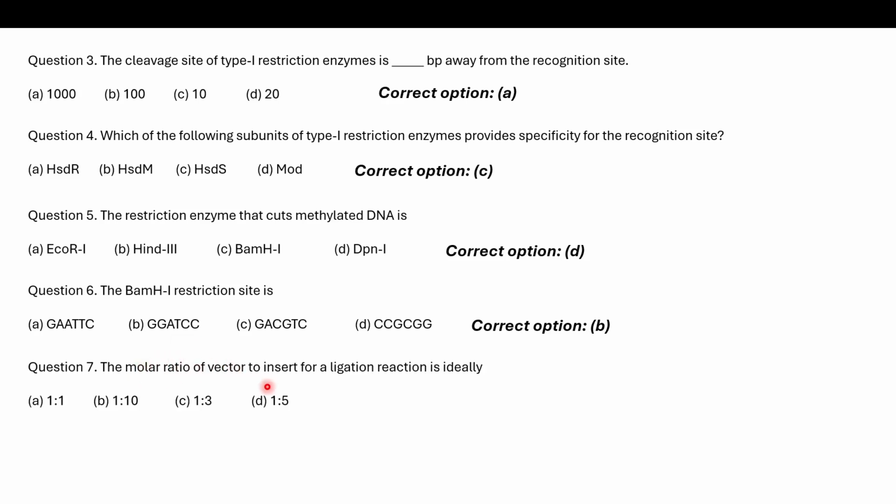The molar ratio of vector to insert for a ligation reaction is ideally. Now, we talked about the ligation of the foreign DNA as well as the vector. It can actually range from 1:3 to 1:5 to 1:7 ratio of vector to insert.